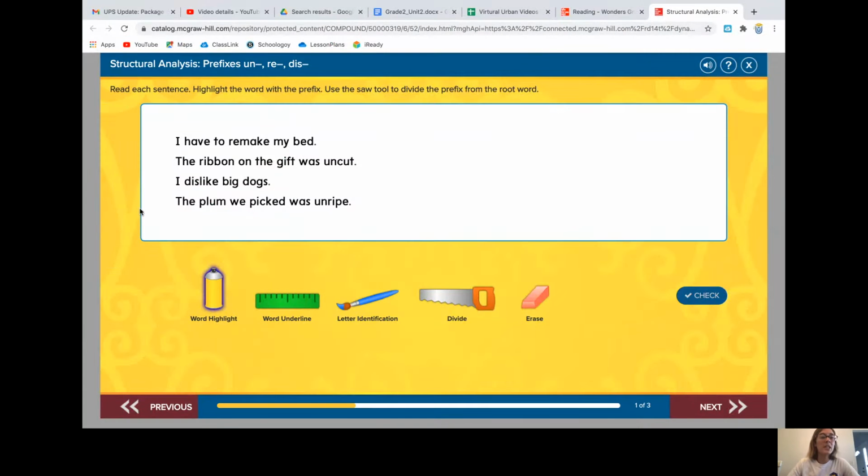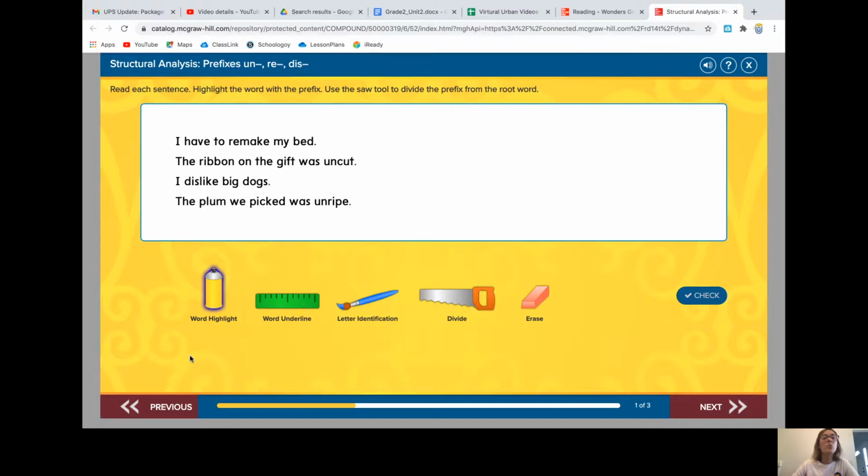The directions in this say, read each sentence. Highlight the word with the prefix. So here we have a sentence. Now, you guys don't have these tools, so I'm going to tell you what you're going to do. We're going to read the sentence and first find the prefix. You guys aren't going to highlight the prefix.